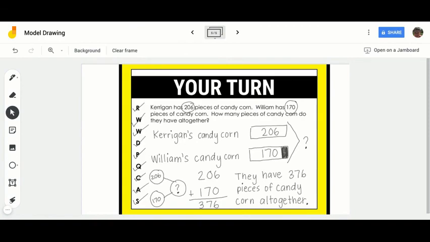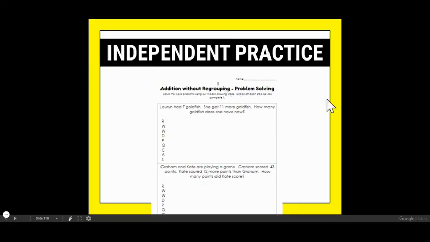Good job. Okay, now that you've had time to practice with me, it's your turn to do some on your own. So you are going to do this worksheet today, and you'll see that there's 2 different problems. And I do have all of your steps written down the side for you so that as you're going, you can check off each and every step. So these problems, I do want you to solve using model drawing.